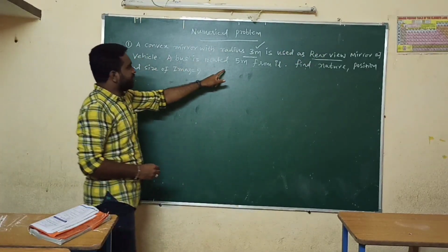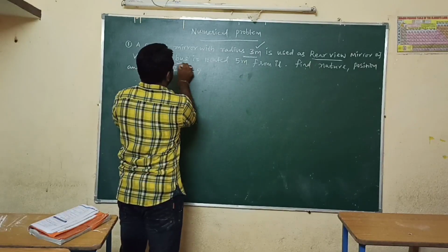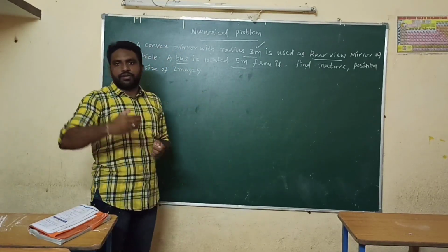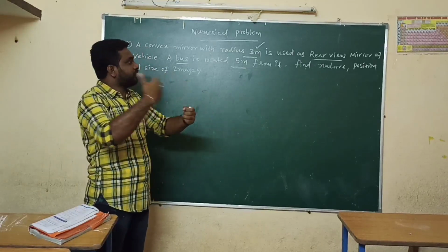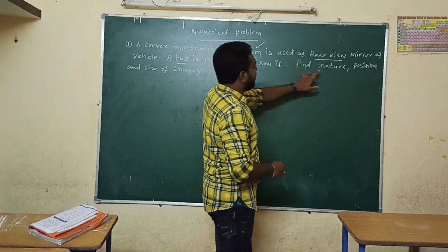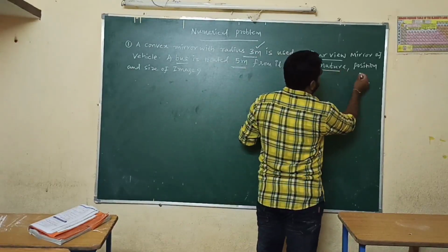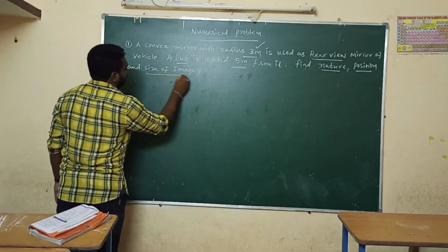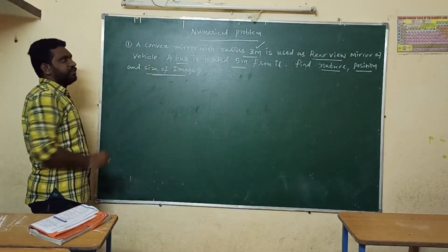A bus is located 5 meters from it. The bus is the object here, behind the convex mirror, 5 meters away. Find the nature, position and size of the image. We should find all these three things.